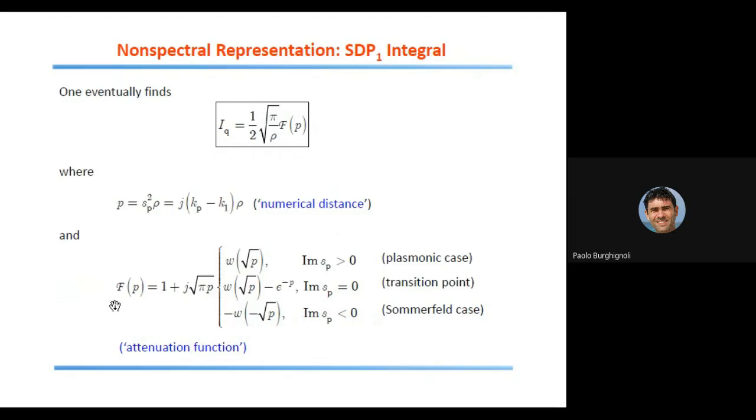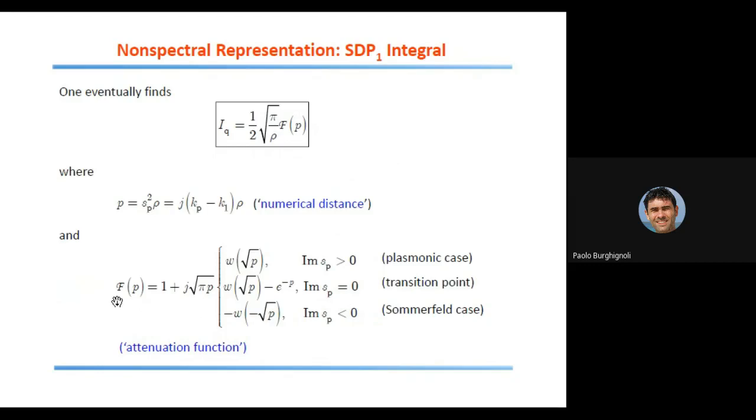This is a historical name that was given by the people who studied the Sommerfeld problem more than 100 years ago, Zenneck, Sommerfeld, Norton, and so on.